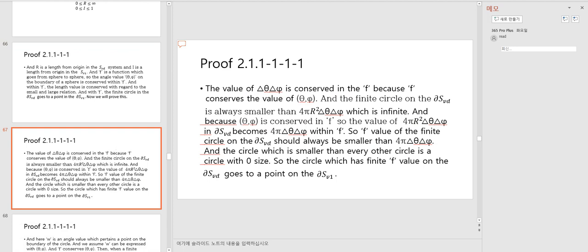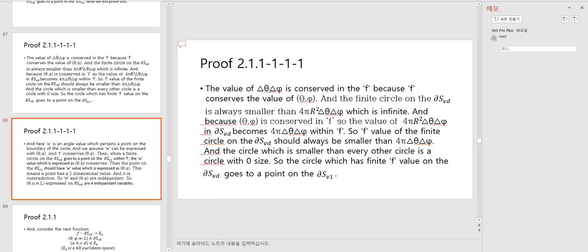And because theta phi is conserved in F, the value of 4 pi r squared delta theta delta phi in this 3D becomes 4 pi delta theta delta phi within F. So the F value of the finite circle on the dS3D should always be smaller than 4 pi delta theta delta phi, and the circle which is smaller than every other circle is a circle with zero size. So the circle which has finite F value on the dS3D goes to a point on the dS3-1.